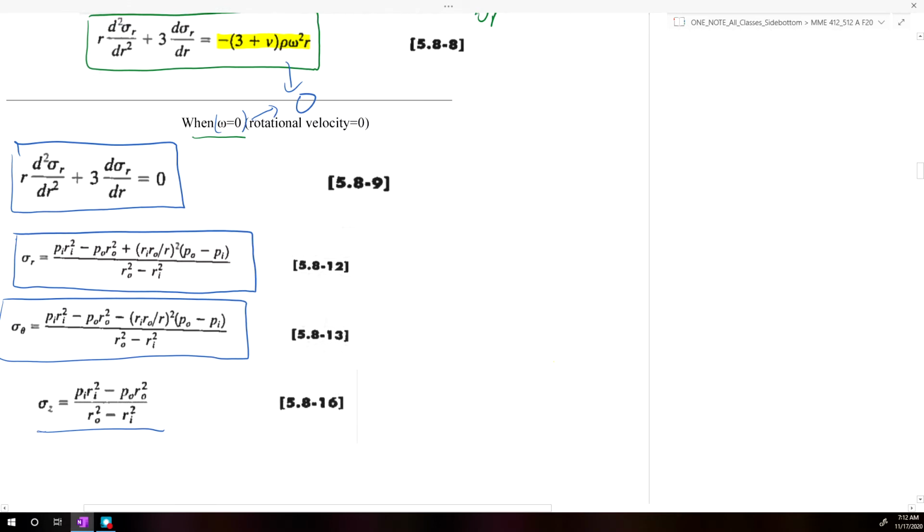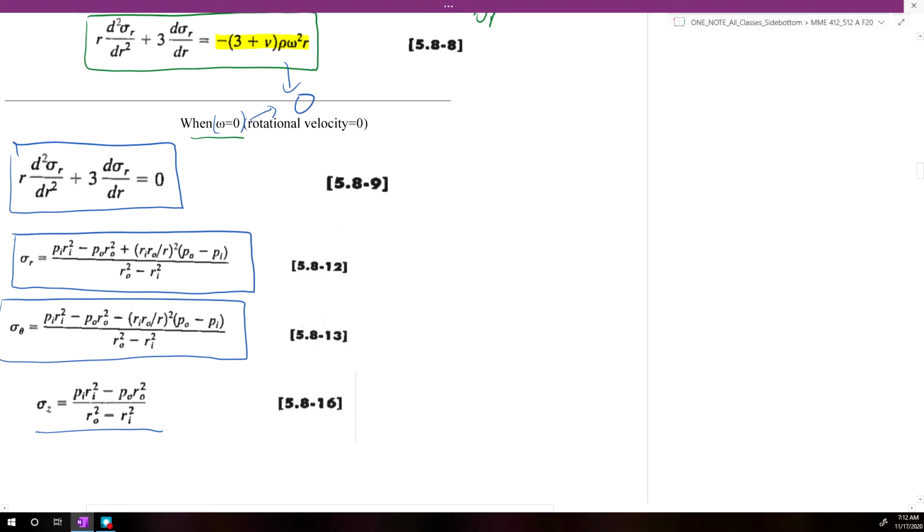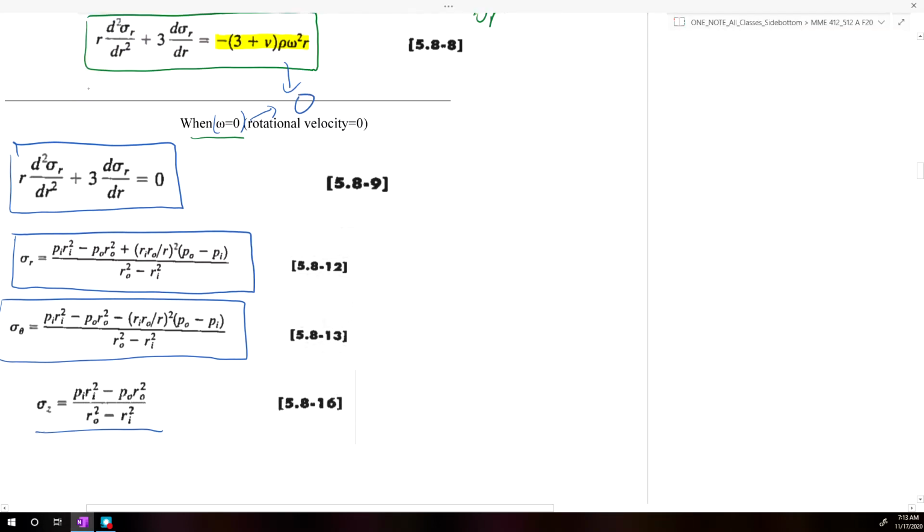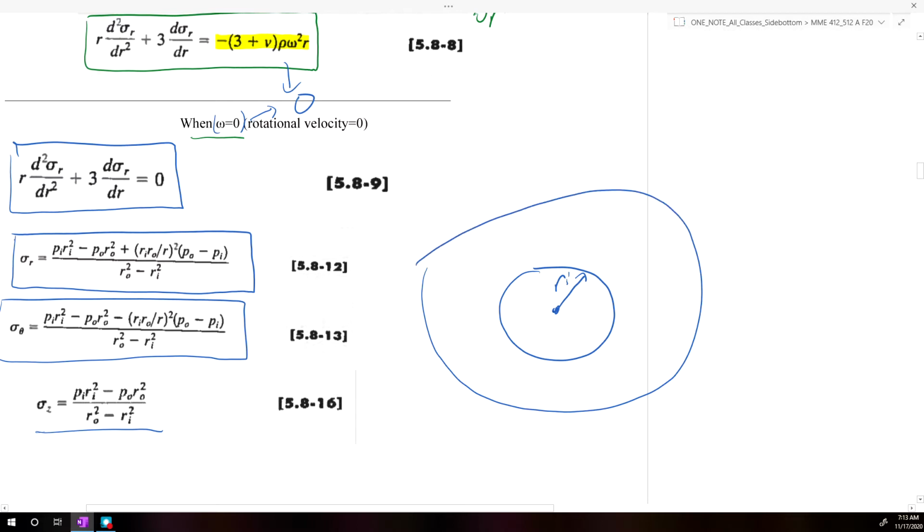So what this looks like in terms of a cylinder: it has an internal radius and an outer radius. Our thick-walled cylinder may have some rotation, but in this case, we said it was equal to 0.